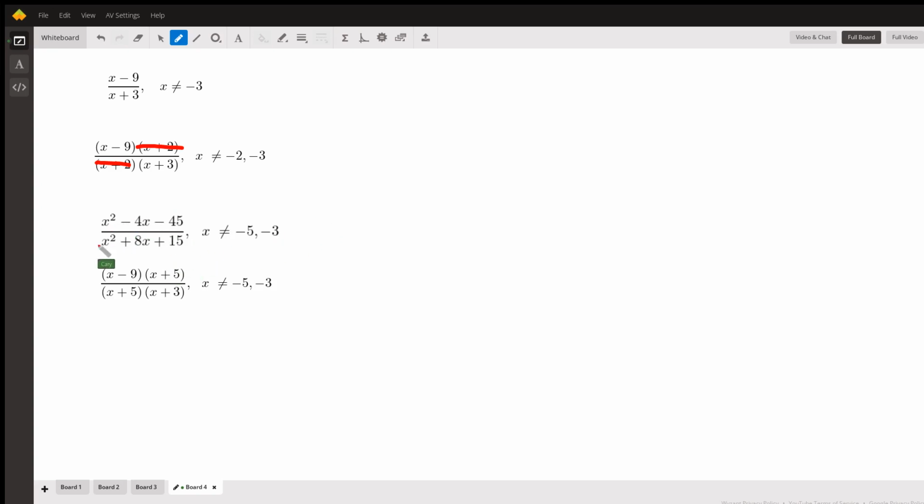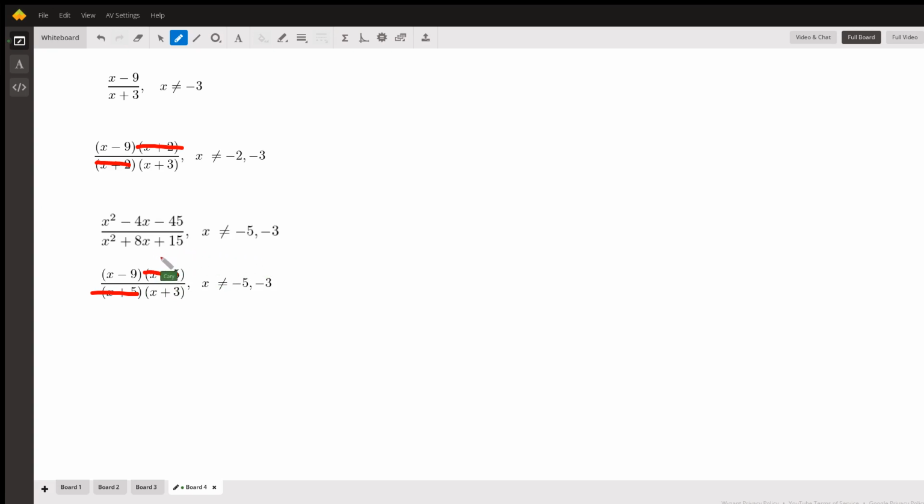These two at the bottom are really two different versions of the same thing. This is the trinomial over a trinomial version, and this is the product of two binomials over the product of two binomials version. You can see how we can cross these out on that one because we have x plus 5 over x plus 5.